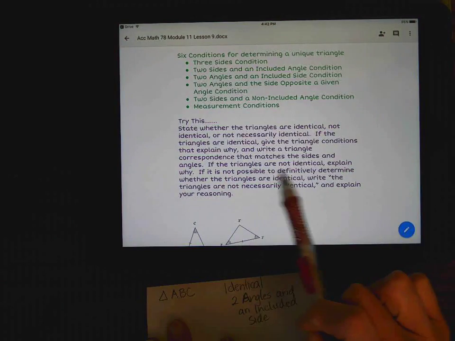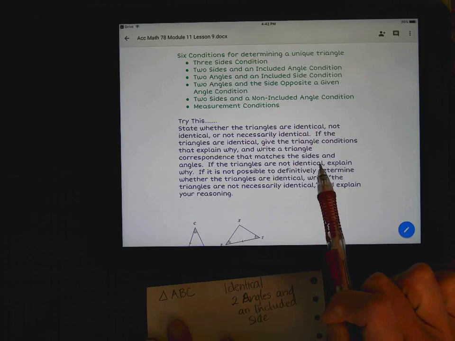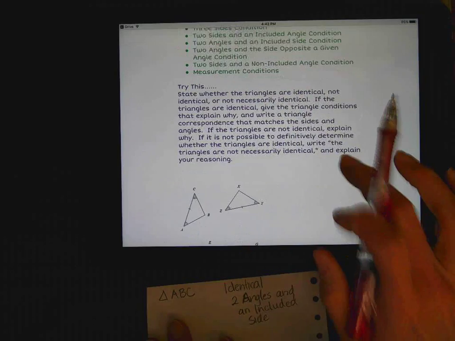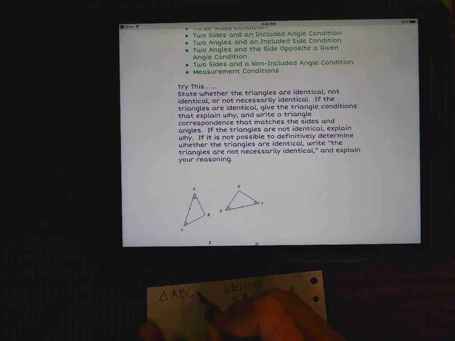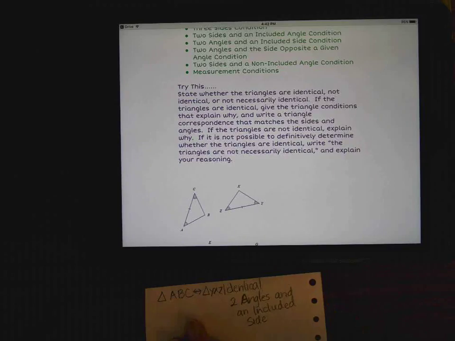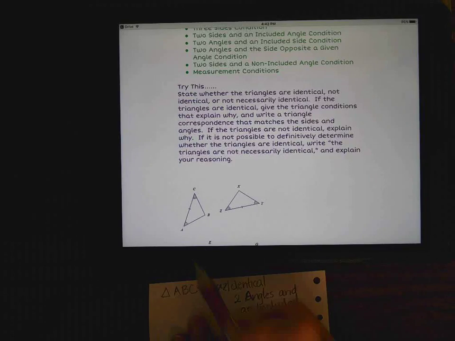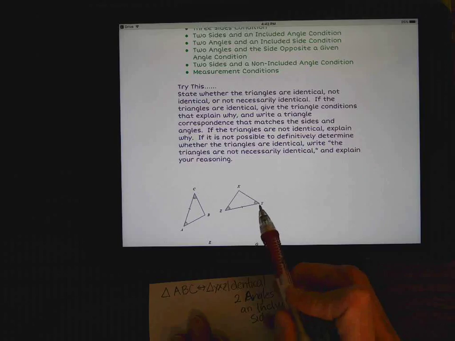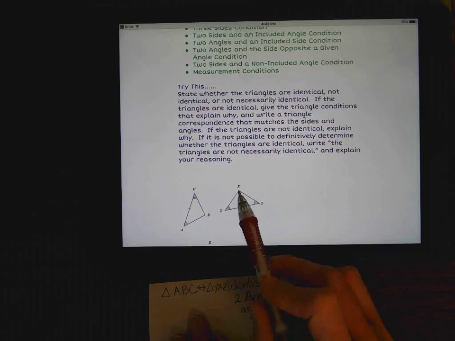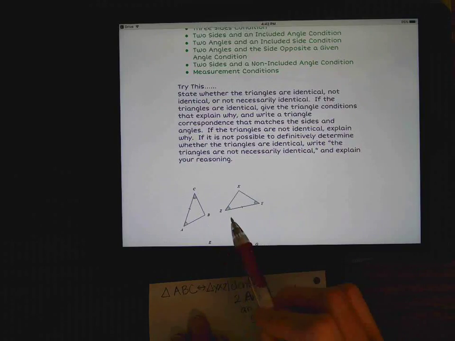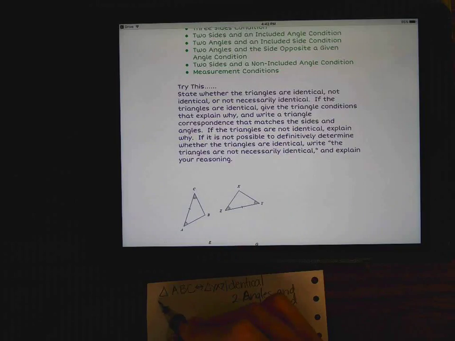And then the last thing says, write the triangle correspondence that matches the sides to the sides and the angles to the angles. Okay, so we know that triangle ABC corresponds with triangle... Look at A. What does A correspond to? Y, X, Z. Why is that? Because the A matches the Y, the B matches the X, and the C matches the Z. So this is the last part that you had to do.